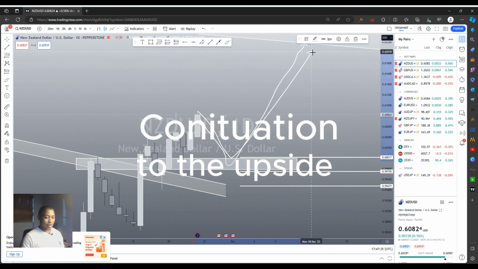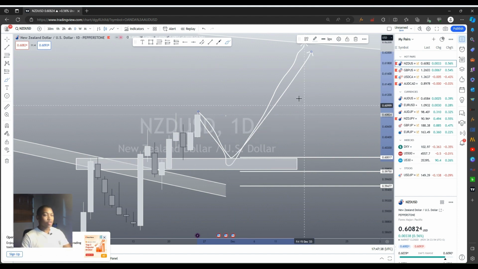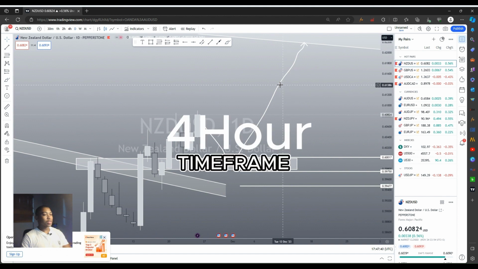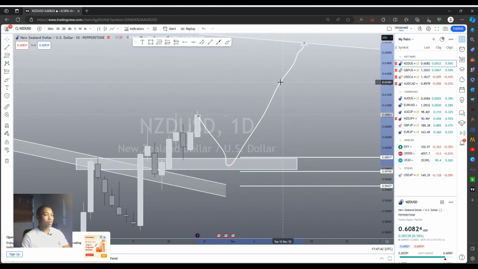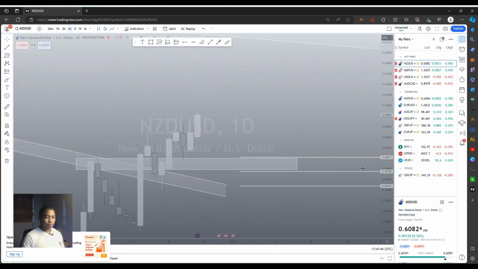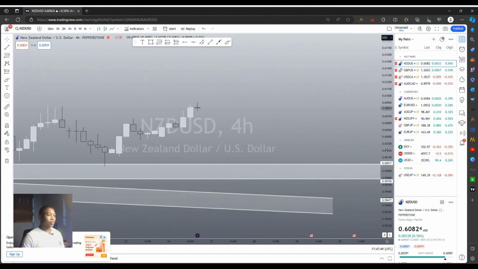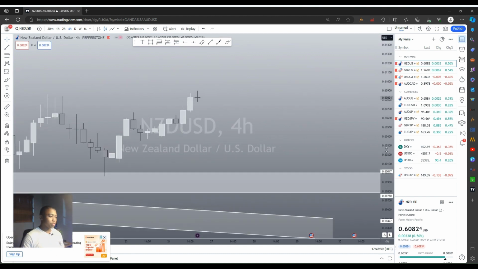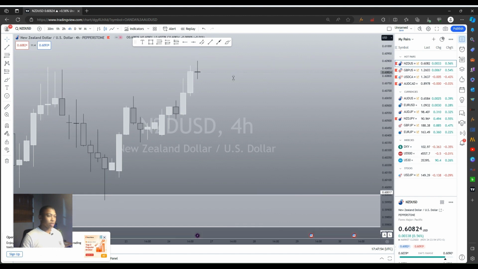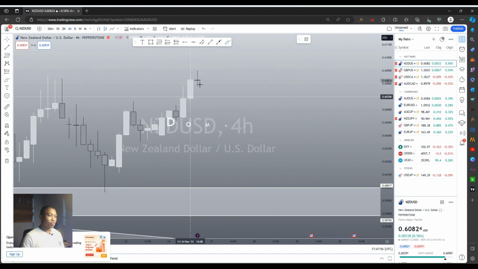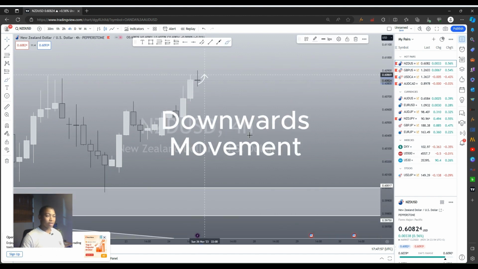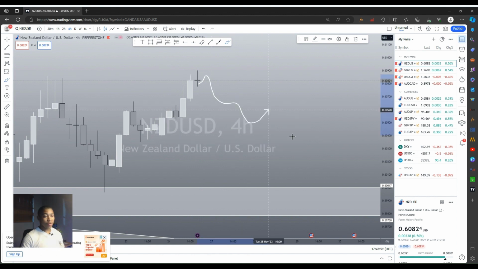So what you'll see on the 4 hour, let's jump down to the 4 hour time frame. What you want to see before you take this entry is price move downwards, like in a downtrend on the 4 hour charts.